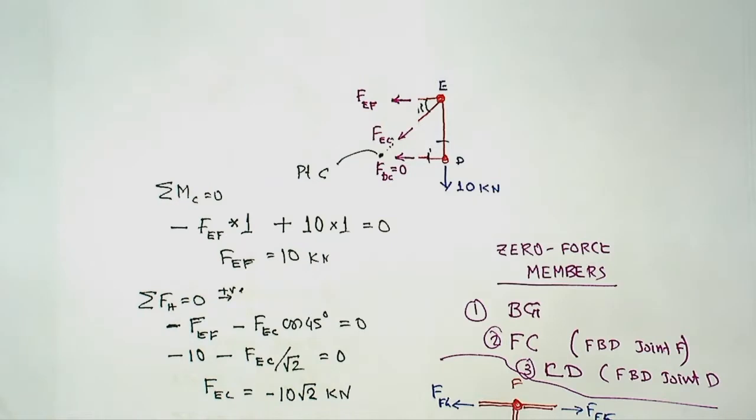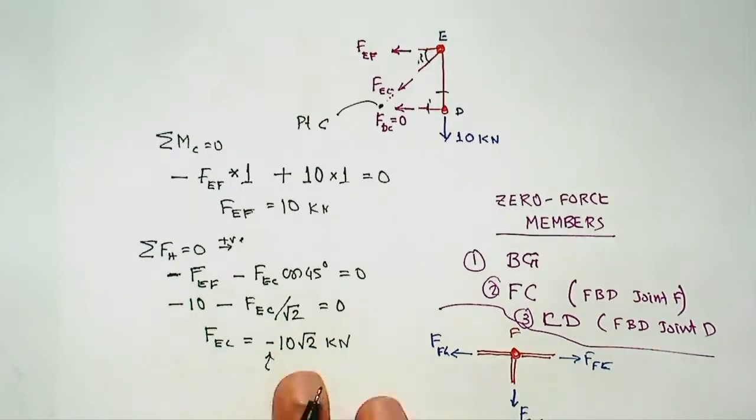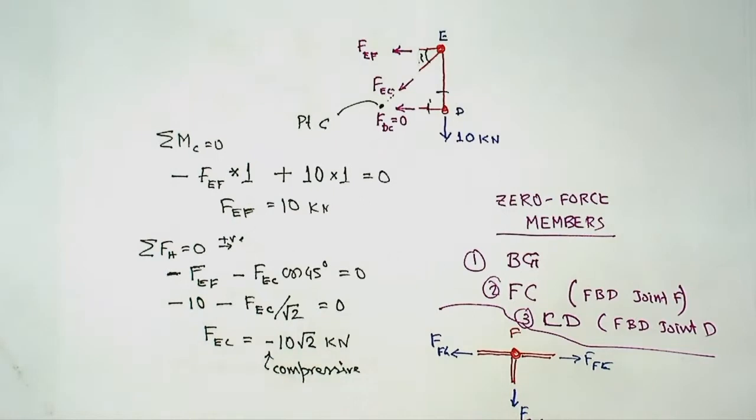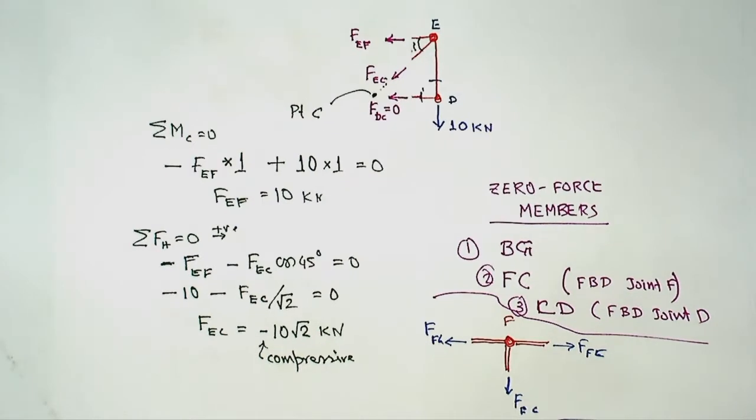So FEC is actually compressive. This negative sign means it's a compressive force. If it is compressive, then this direction is opposite. So coming back to your point, truly speaking, this force is not in this direction, it is actually in this direction.